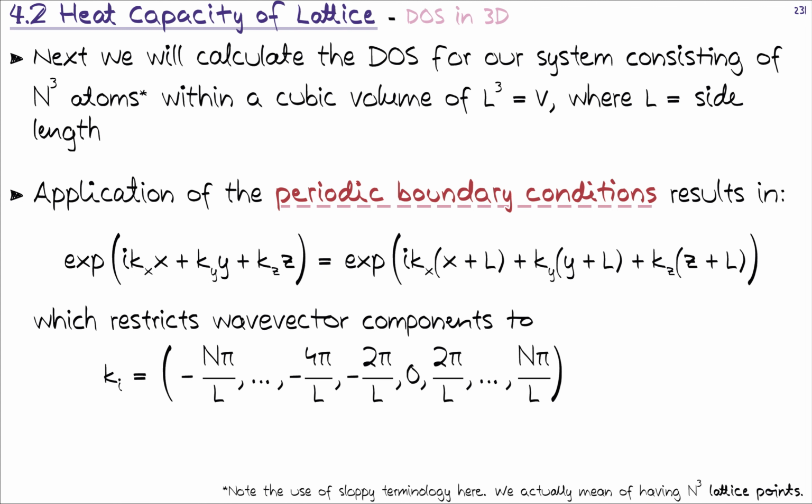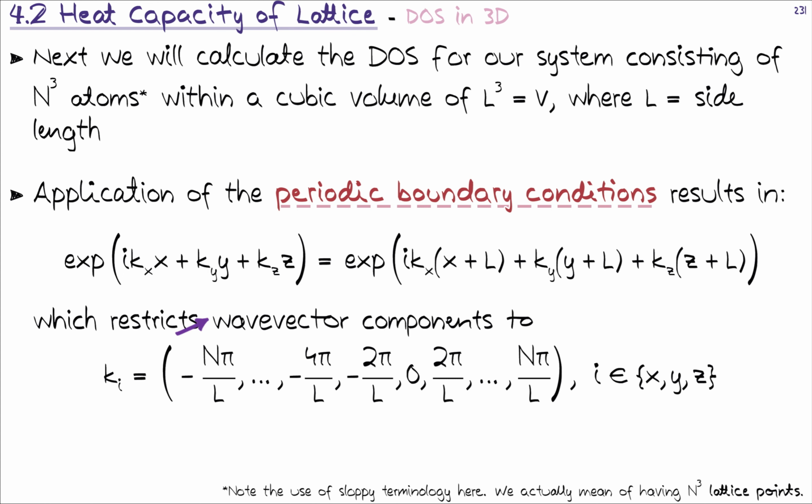So that's how things look. And we see that this is the way the periodic boundary conditions in our system give rise to discretization of the ki values.